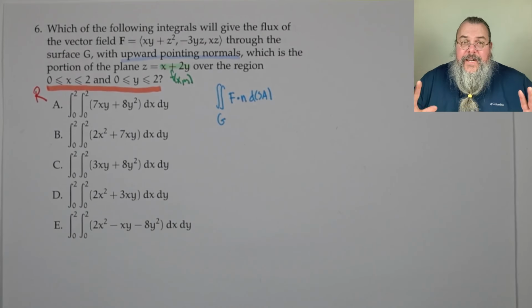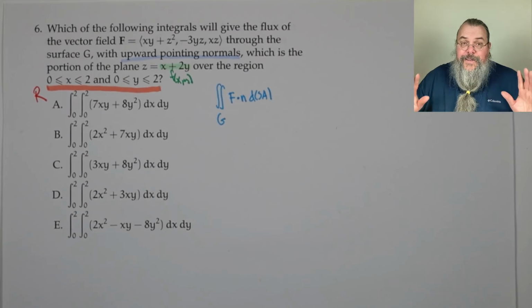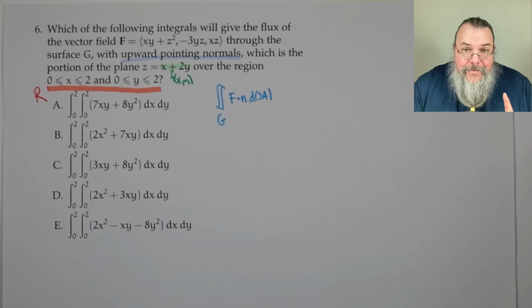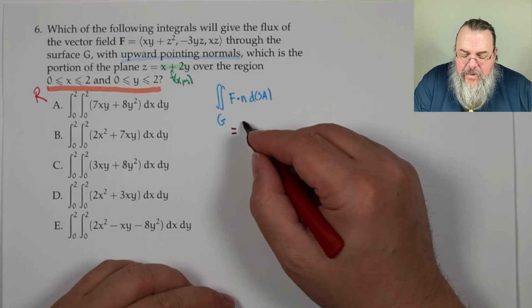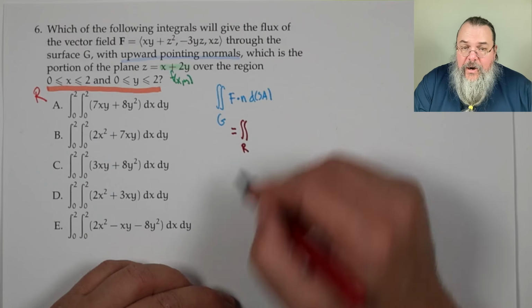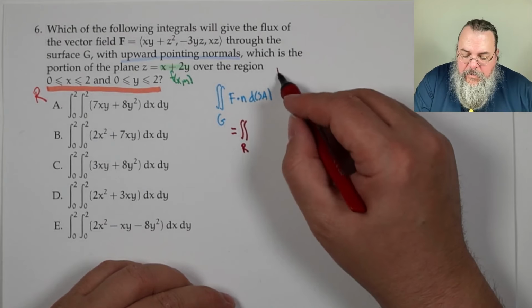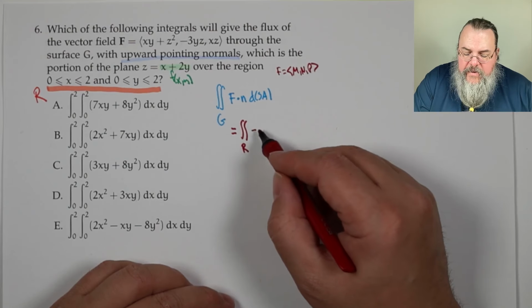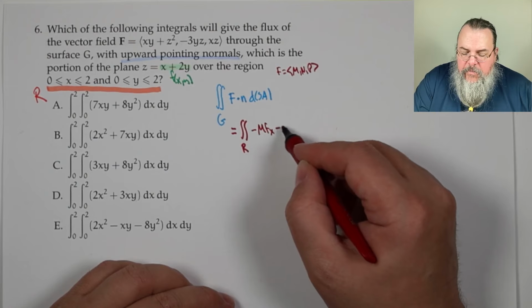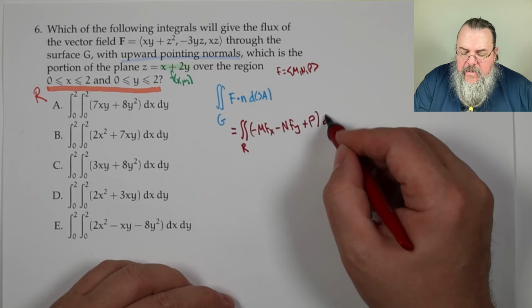So if we have upward pointing normals, z equals f of x, y over a region R, then, and this is on the formula sheet, so there's no big surprises here, this is equal to the integral over the region R of, and I do apologize, I'm going to write one more thing, F is M, N, P. You have minus M f_x minus N f_y plus P dA.